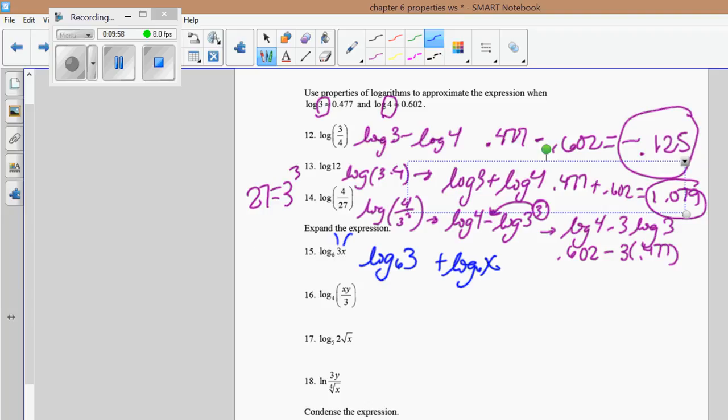All right, number 16 here. I'm looking at this and I'm like, hey, whoa, there's division. So I know there's going to be a subtraction sign somewhere, and now I'm going to count them up. I've got an x, a y, and a 3. So I'm going to have a log base 4 of x, a log base 4 of y, and a log base 4 of 3. But now how do I know who gets plus signs and who gets minus signs?